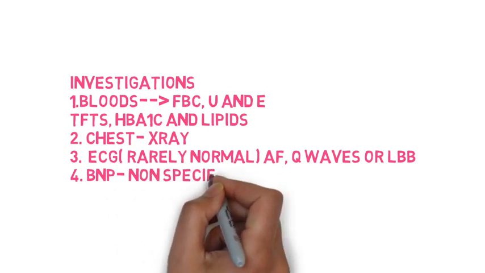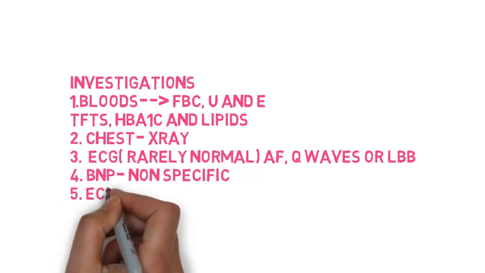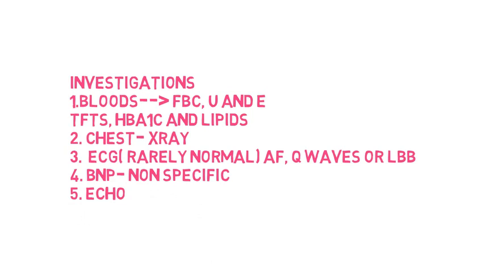An ECG is rarely normal in heart failure, as many people with heart failure have AF, and this will be visible on the ECG, or they might have had a previous heart attack, myocardial infarction, and they may have Q waves present, or they might have a left bundle branch block.